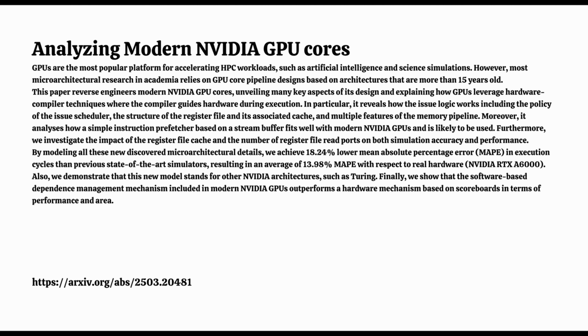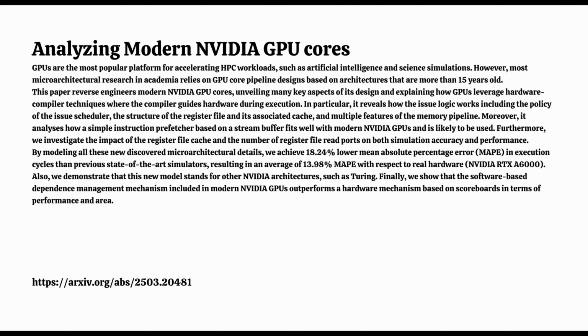And the register file analysis, did accurately modeling that matter much? Table 6 shows the average performance impact across benchmarks wasn't huge, but for specific benchmarks, like some heavy math ones, MaxFlops, CUTLASS, getting the register file right made a big difference. Right. So it highlights areas where accurate modeling is critical. They also compared their software-hardware dependency mechanism to a traditional scoreboard, right?